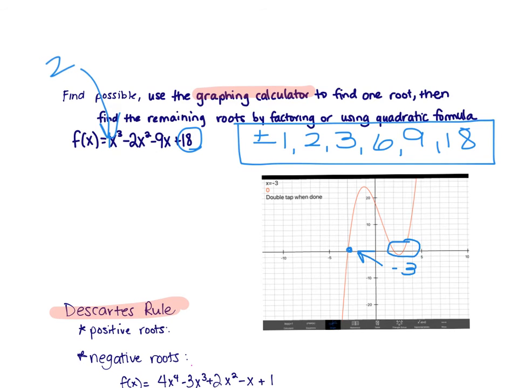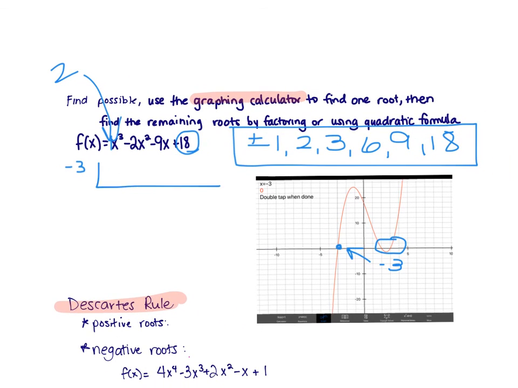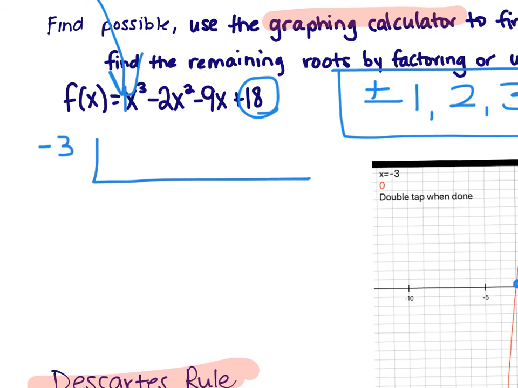So I would say -3 is one of my roots, put -3 on the outside, and then do synthetic division with 1, -2, -9, and 18. Bring down the 1. And I get 0.